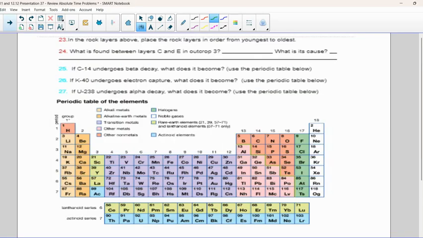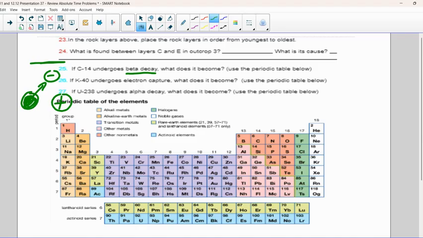Okay. This we did talk about. And so in the rock layer, okay, so if C14 undergoes beta decay, so kind of coming from over here, what does it become? So remember, in beta decay, a neutron shoots out an electron, and in doing so, it becomes a proton.